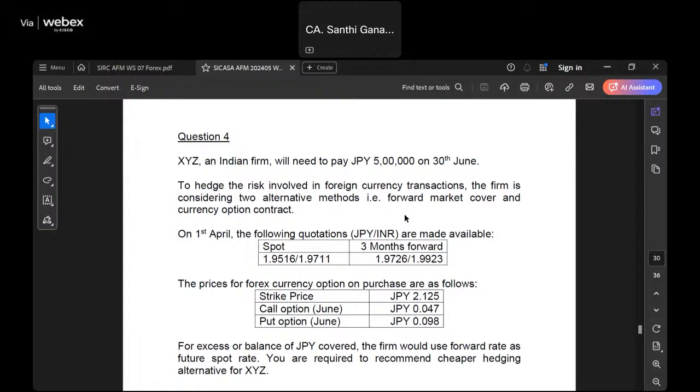How to distinguish between an OTC option and an exchange traded option? Now, currency options, how should we approach?